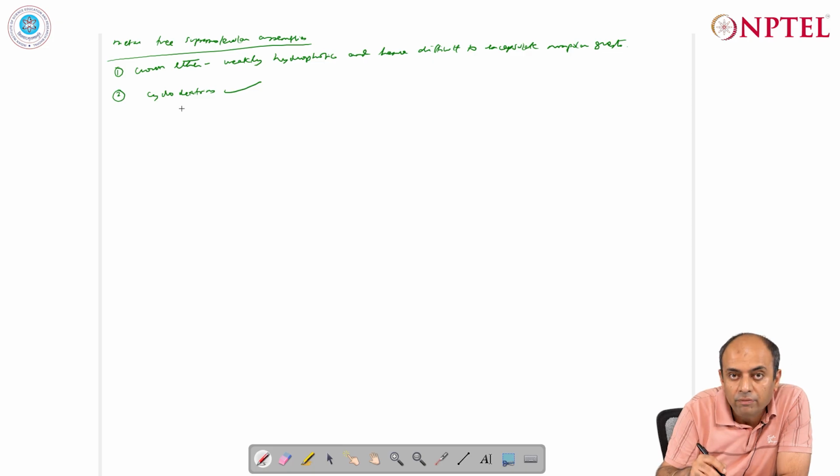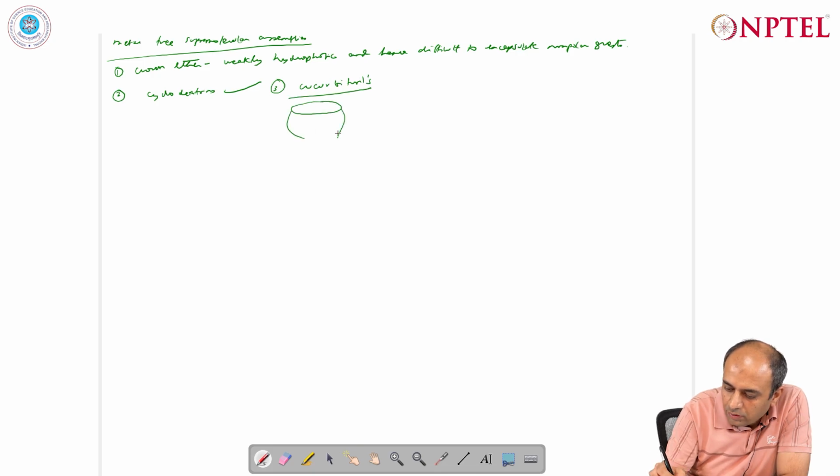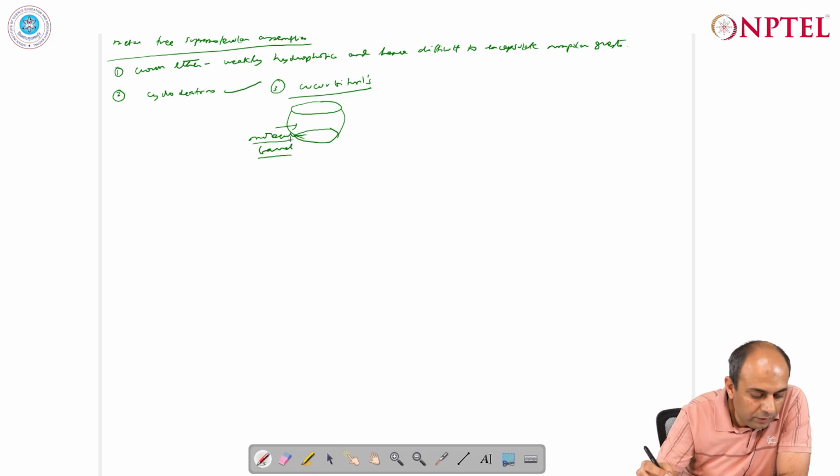which proved to be very successful in this regard. And then people started looking at cucurbiturils, which have this kind of molecular barrel like arrangement, which are made up of purely organic components.